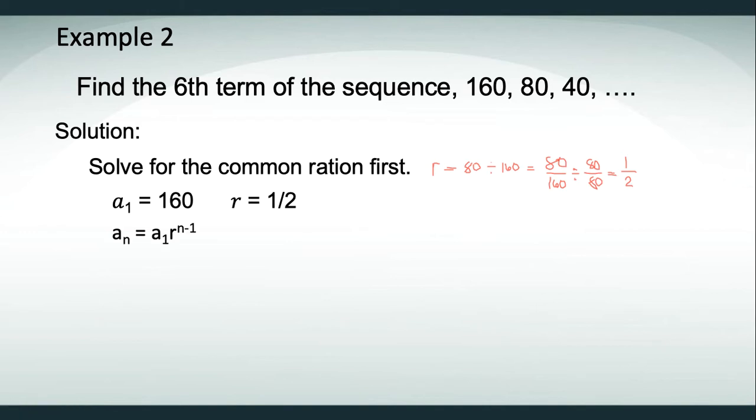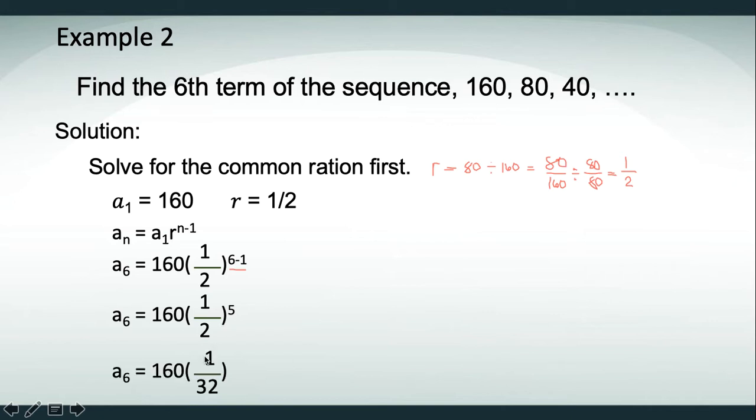Now let's substitute these values to our formula a sub n, where a sub n is a sub 6, a sub 1 is 160, r is 1/2, and n is equal to 6. Now 6 minus 1 is 5, then 1/2 to the power of 5. We get 1 over 32.